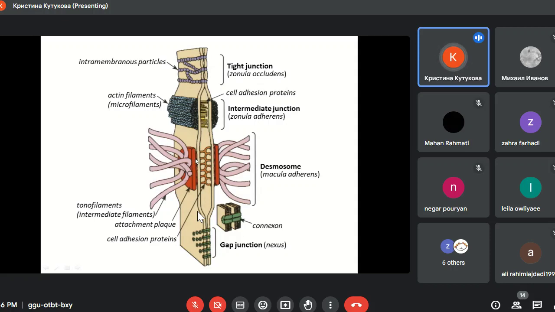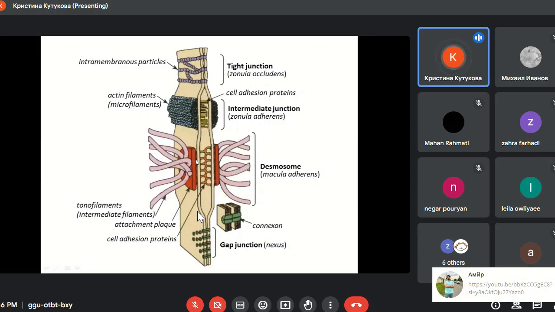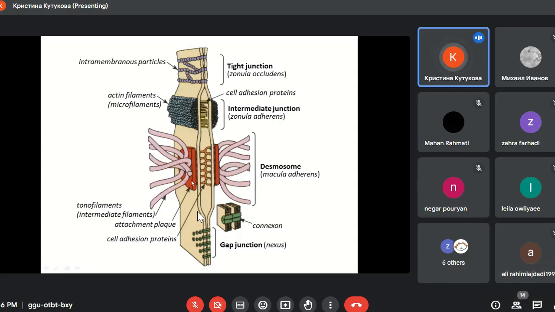One end of such a molecule is inside the cell, it passes through the membrane, and its second end is located outside of the cell, between the cells. And the first end of this molecule, which is inside the cytoplasm of the cell, is attached to the attachment plaque. And here you can see how the cell adhesion proteins from cell 1 are attached to the same cell adhesion proteins from cell 2.